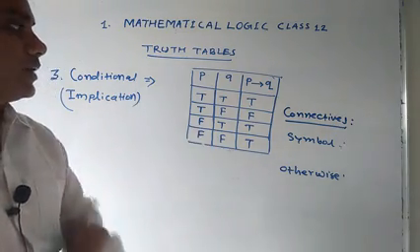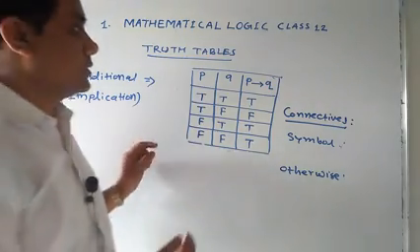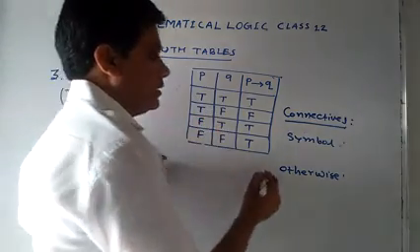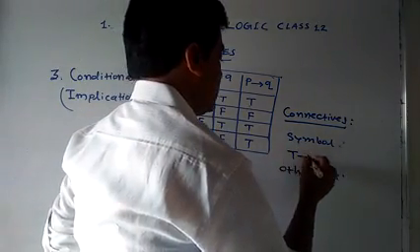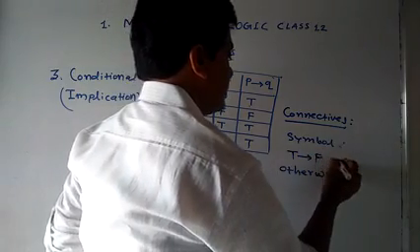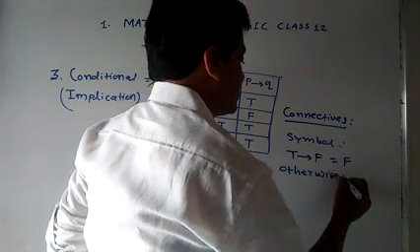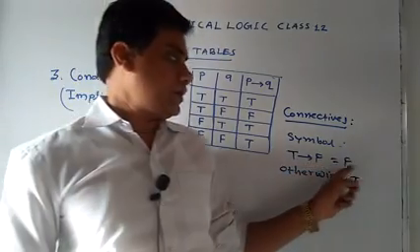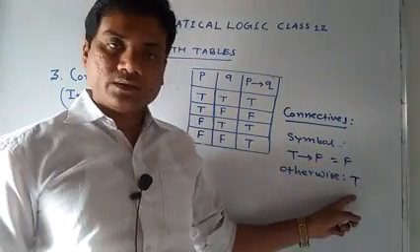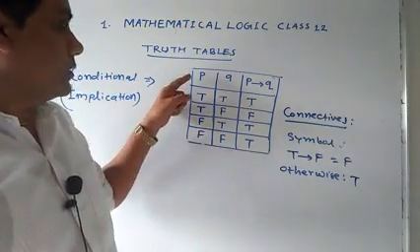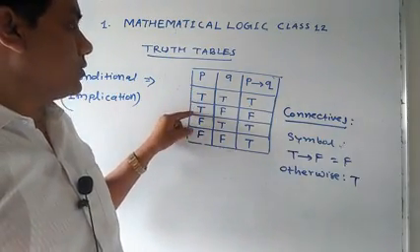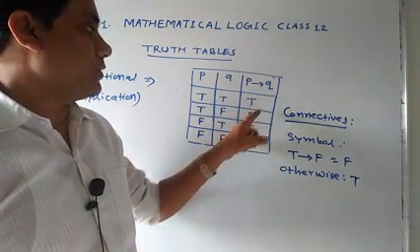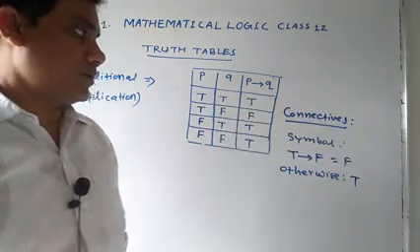In a conditional statement, T implies F is F, otherwise T. Means when the truth value of P is true and the truth value of Q is false, then P implies Q is false, otherwise it is true.